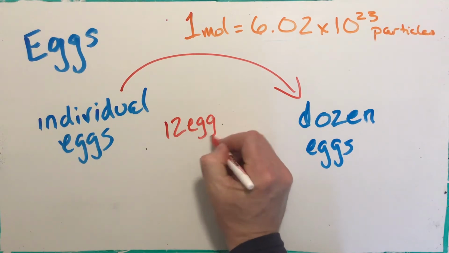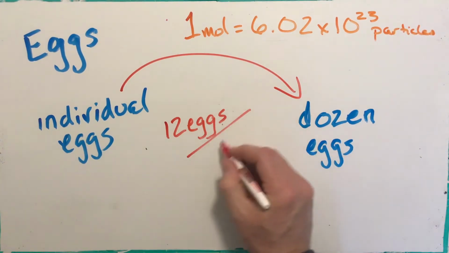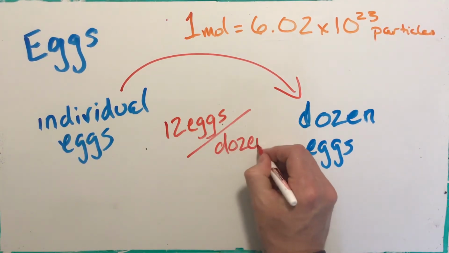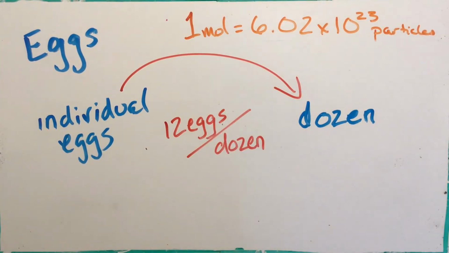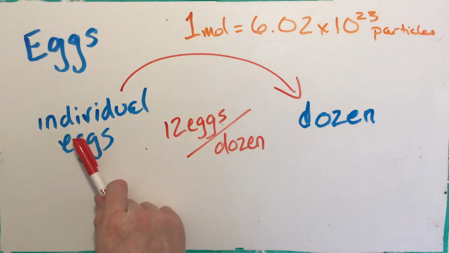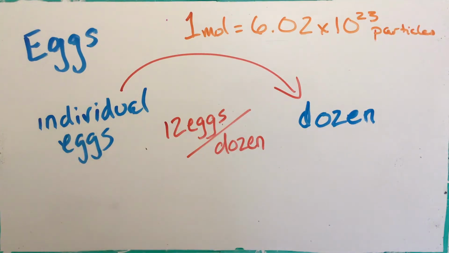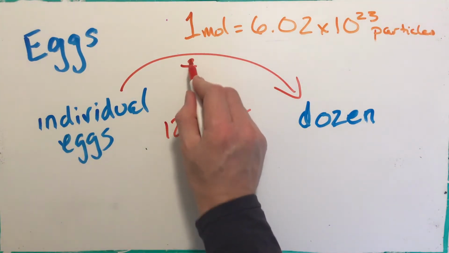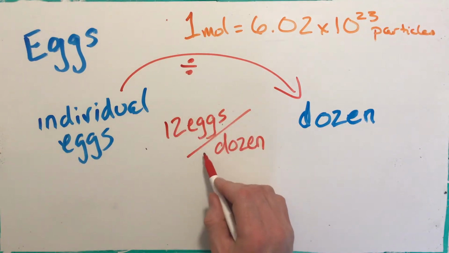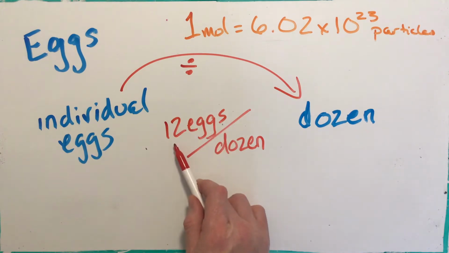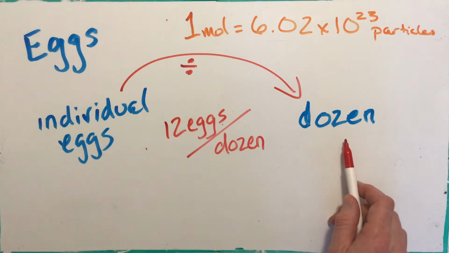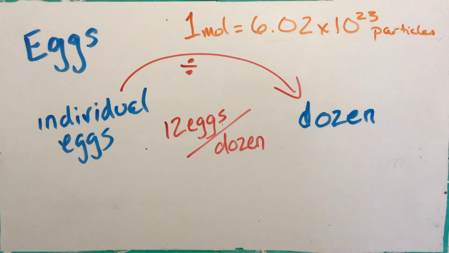Your brain quickly said, well, there's 12 eggs per dozen. And so if I had 24 eggs, you simply divided by this conversion factor and said, well, 24 divided by 12 is 2. 24 eggs is 2 dozen.